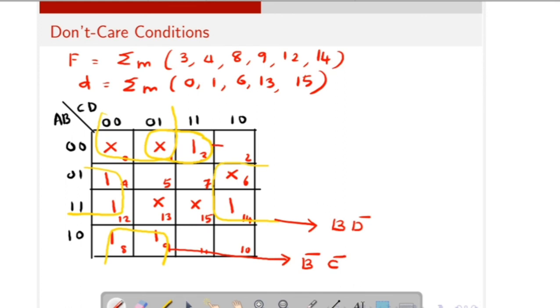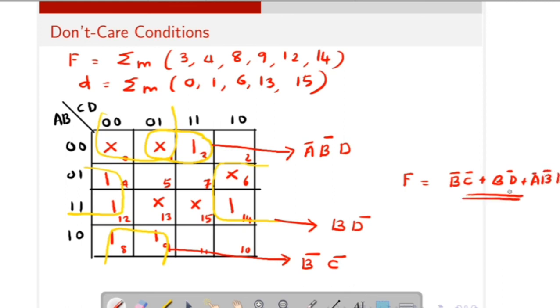Then next expression for this pair, here it is A bar, B bar, here 0, 1, 1, 1, so 0, 1 cancelled, we have D. Okay, so the simplified expression is F is equal to B bar C bar plus B bar D bar plus A bar B bar D. So this is the simplified expression.